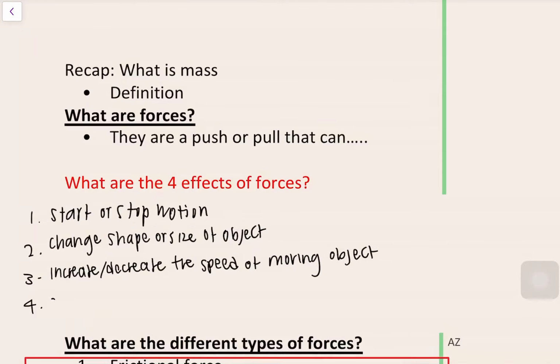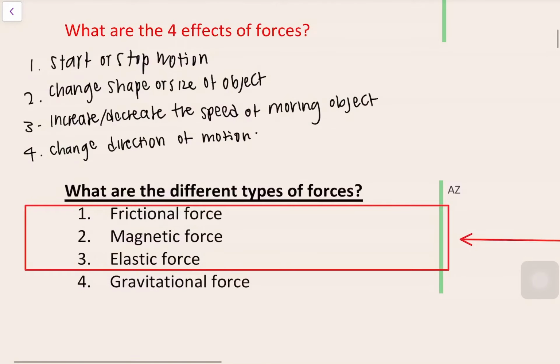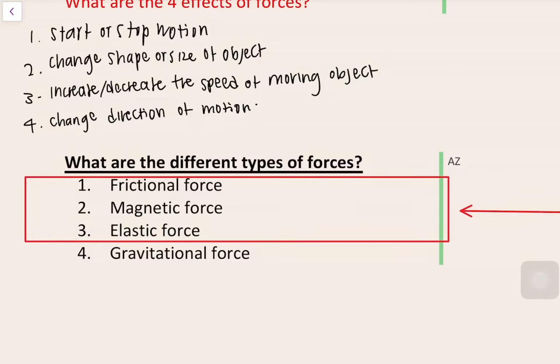And then lastly, they can change the direction of motion.